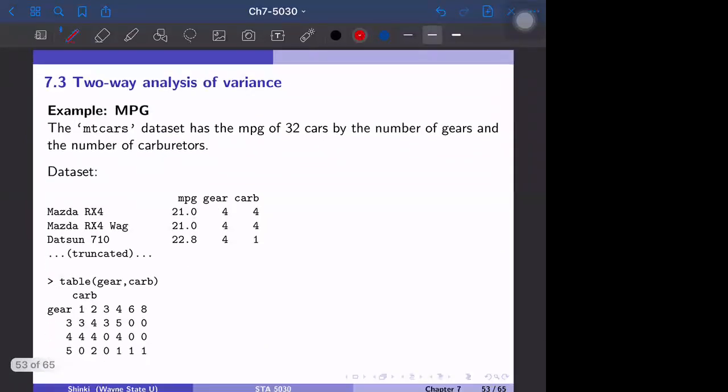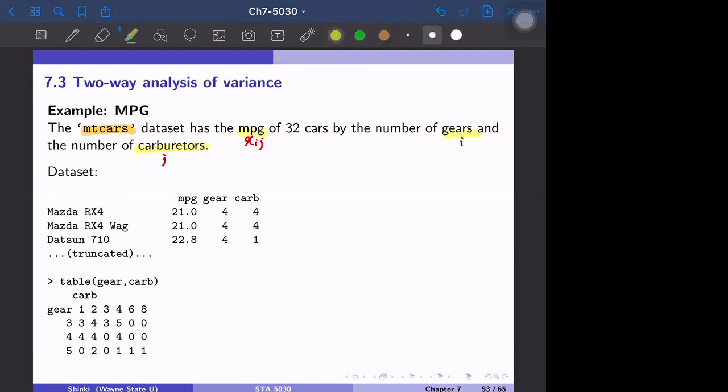Okay, so an example. Think about the mtcars data set. This is basically unbalanced data, and we would like to explain the MPG by the number of gears and the number of carburetors. MPG is the response variable, gear is the first factor, and carburetor is the second factor. Then we can see the summarized table here.